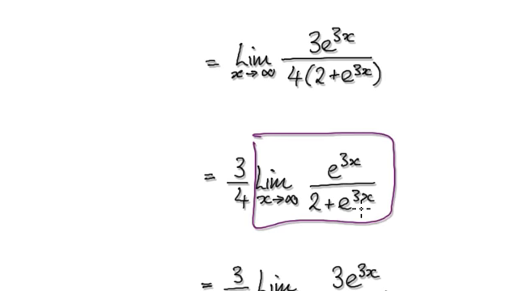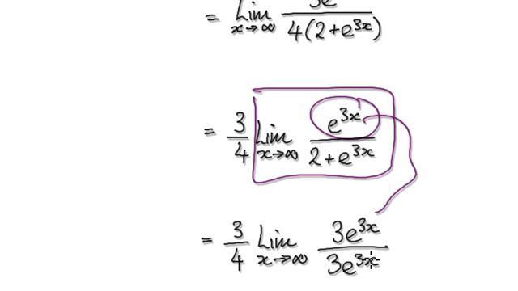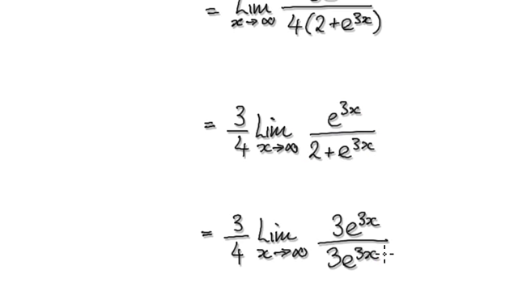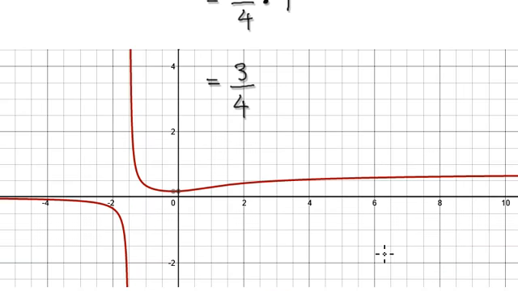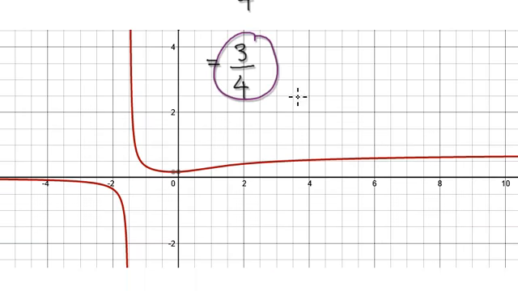You should use your gut instinct when you get to this stage here. But if not, then use L'Hopital's rule, differentiate, and then differentiate this, and so on. The limit here is 3 over 4 as x tends to infinity. Okay, so this bit here is 3 over 4.